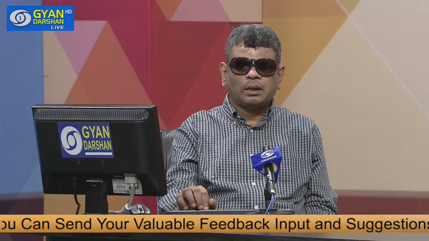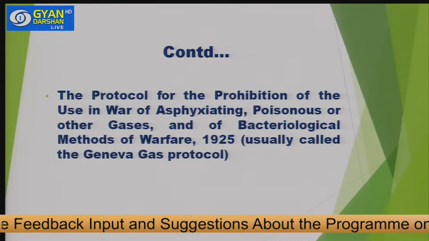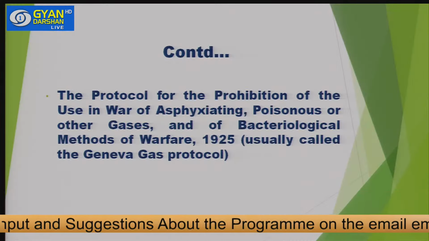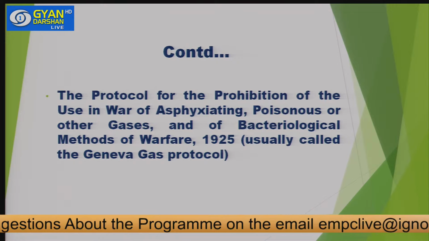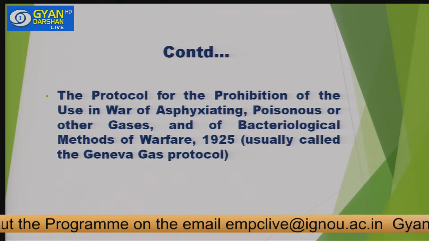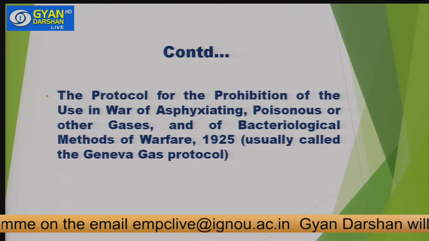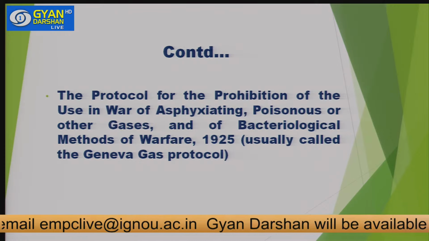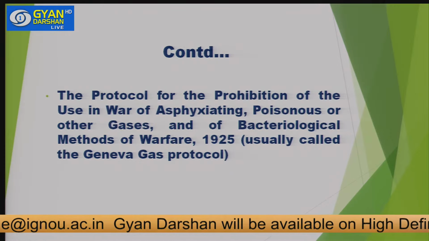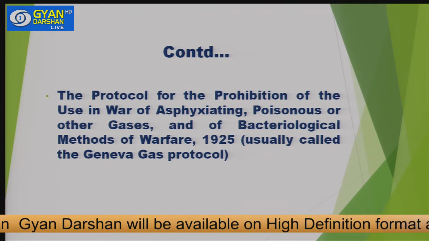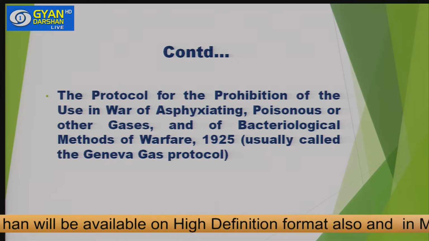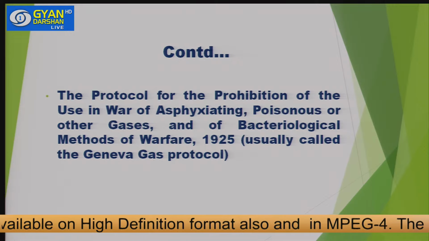The third convention is mainly related to the prisoners of war. Prisoners of war who are held captive by the warring parties are not liable to disclose any information except their rank, their badge, etc. They should not be subjected to any kind of torture.